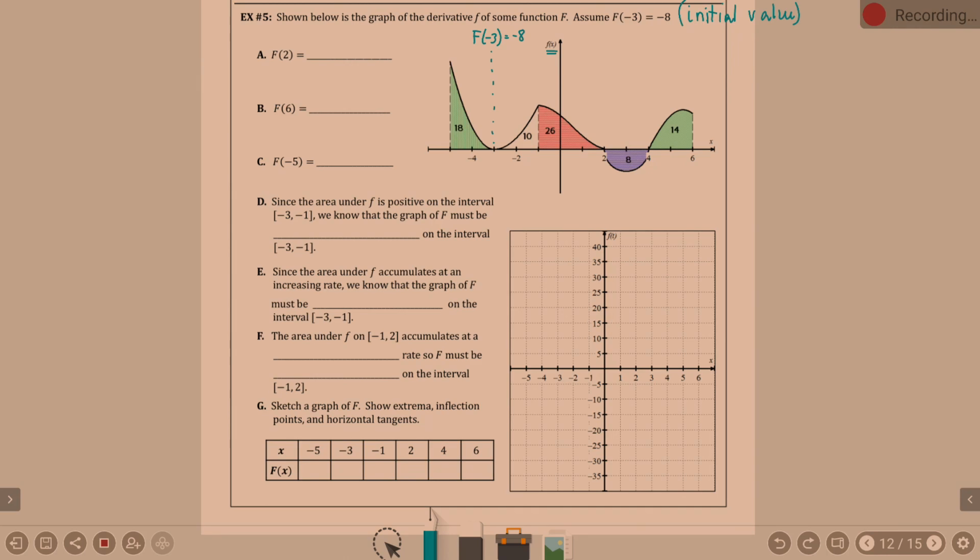But notice what it says is the graph is the derivative f of some function capital F. So it's the idea of what we've been doing where f of x is the integral.